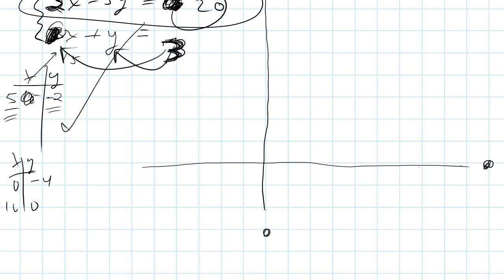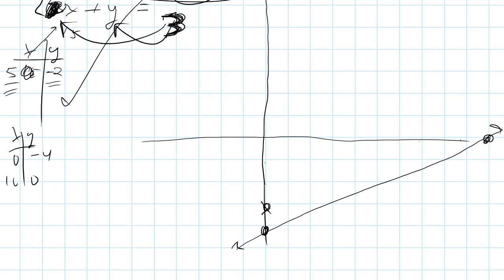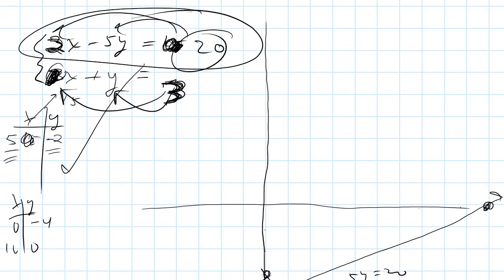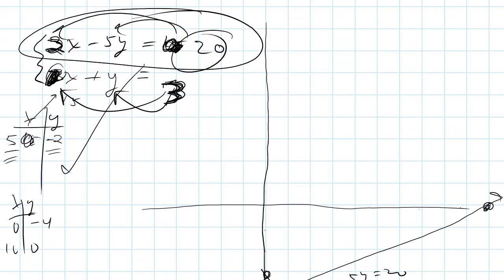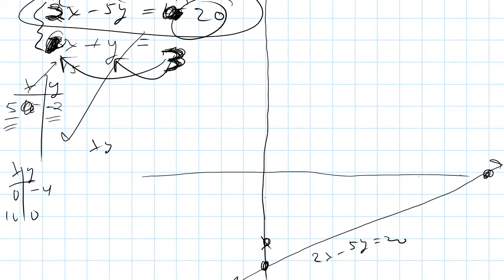Whoops, down here actually. Okay, so there's my first equation, 2x minus 5y equals 20. And my second equation, x plus y equals 3, that's going to have just 3, 3 like that.